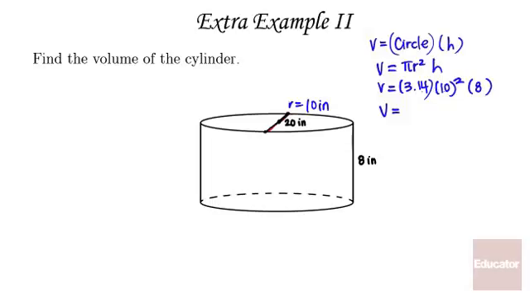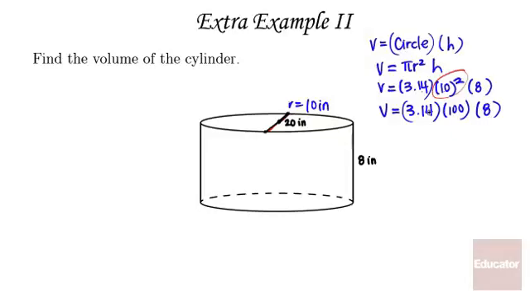You have to take care of that exponent first. Always exponents before multiplying. So keep this number for now. 10 squared, be careful, this is not 20, it's 10 times 10 is 100, and then times the 8.